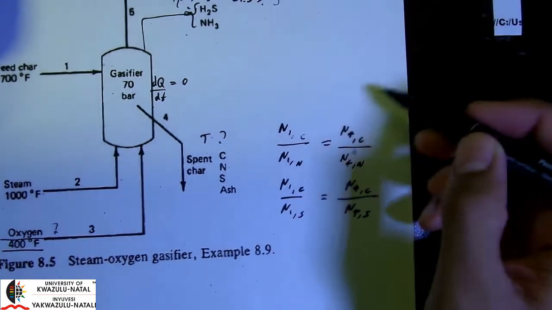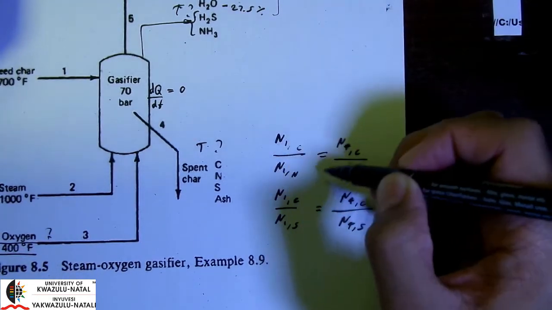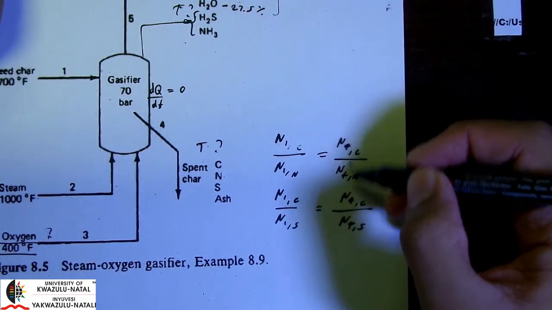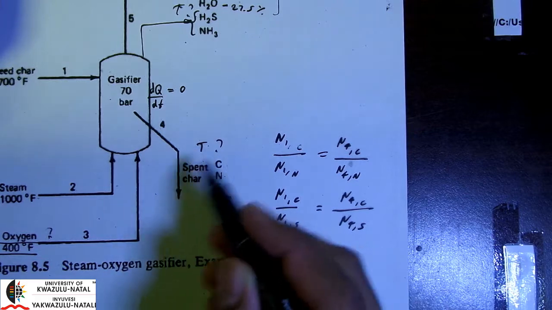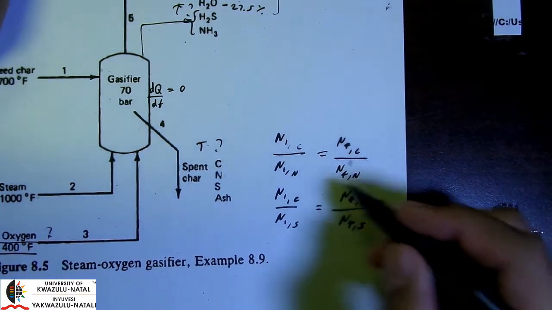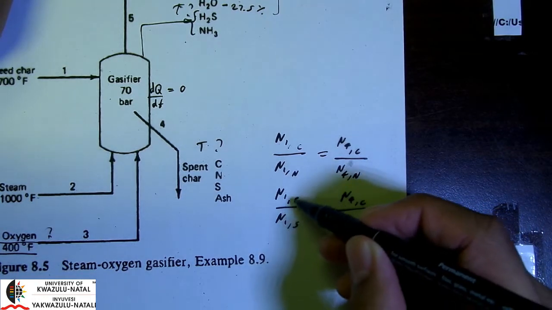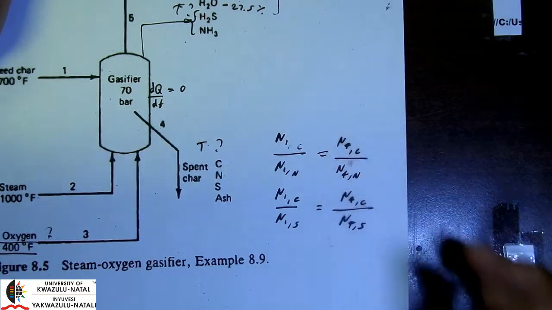So the ratio of carbon to nitrogen in stream 1 is the same as the ratio of carbon to nitrogen in stream 4. And this is my stream 4 here, the spent char or the ungasified char. And the same with our carbon to sulfur. It's the same in stream 1 as it is in stream 4.